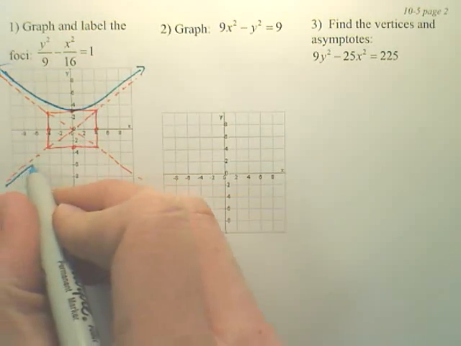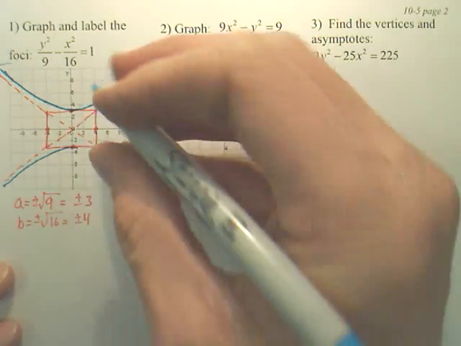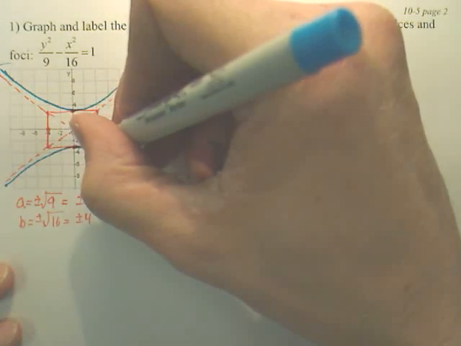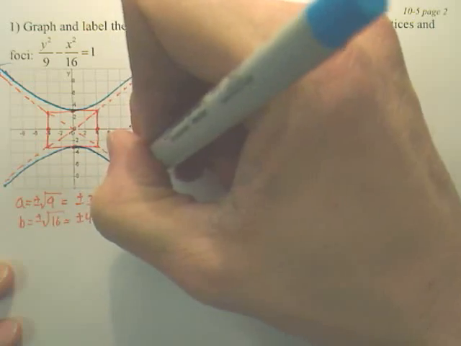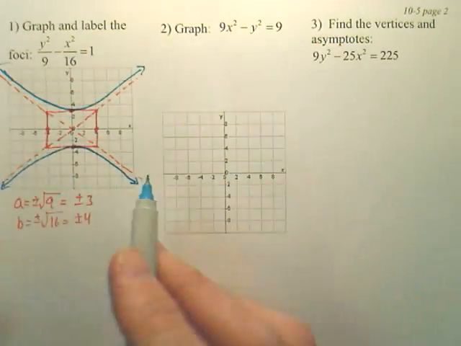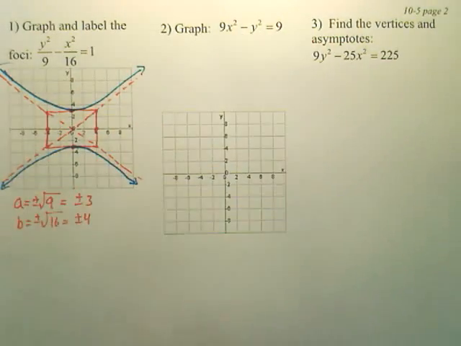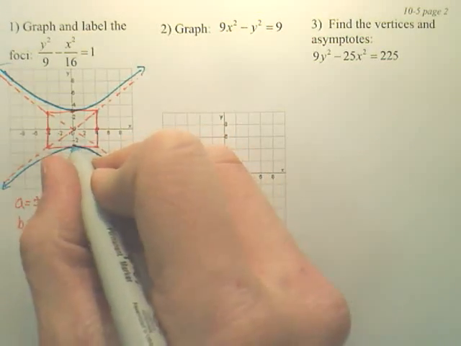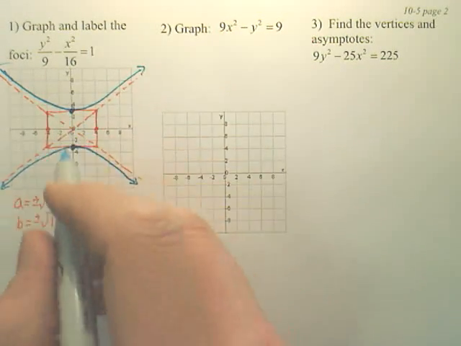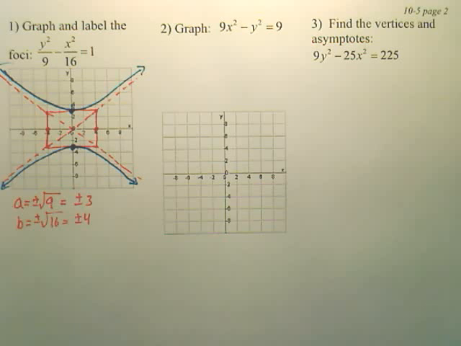Again, an asymptote is a boundary. It gets closer and closer to but never touches. So the other one goes around, hits, and then comes back around, getting closer and closer to the asymptote, but never touching. So what's nice about the asymptotes is they give you boundaries. The blue lines, these vertices, are the hyperbolas, but the asymptotes help us find and graph it very quick and easy.